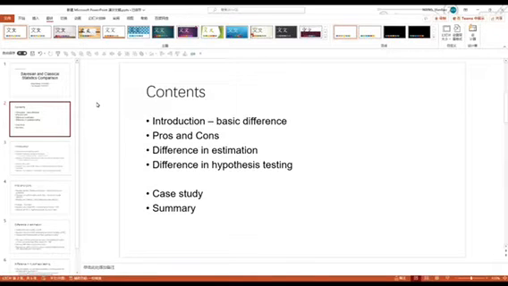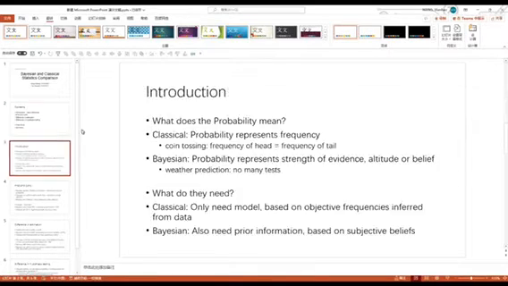So let's move to the first part, the introduction. The first question is, what does probability mean? In classical and Bayesian statistics, they have different understandings. In classical statistics, probability represents frequency. Let's consider the coin tossing problem.